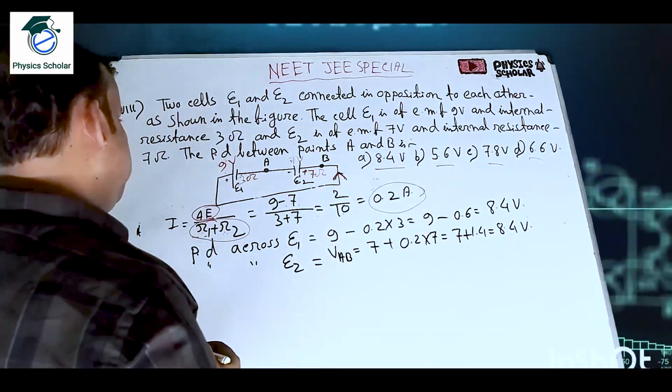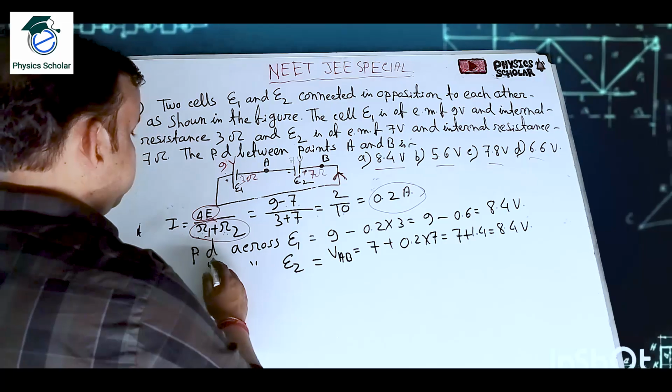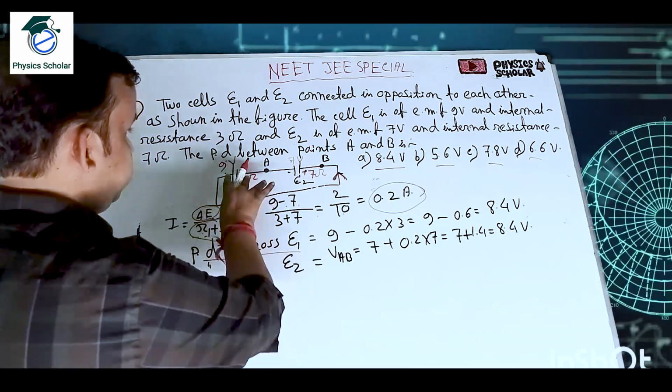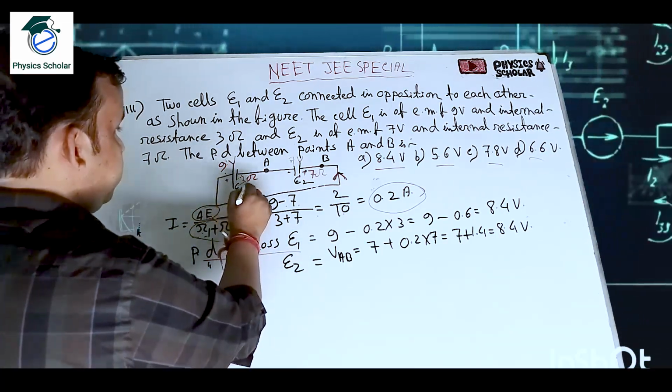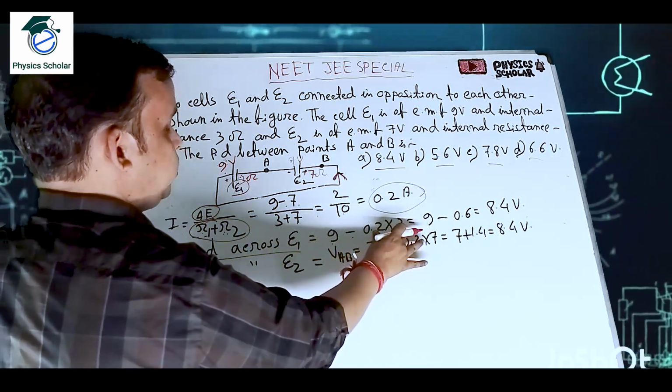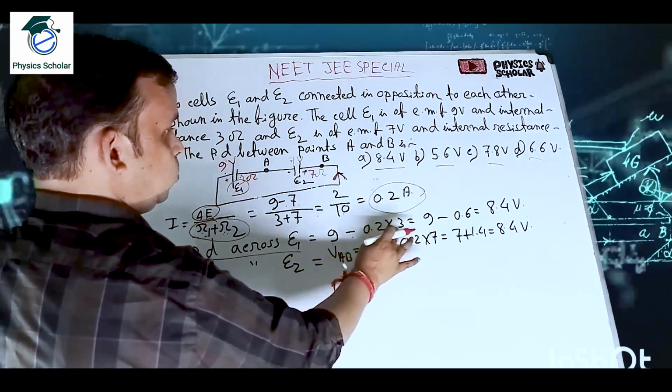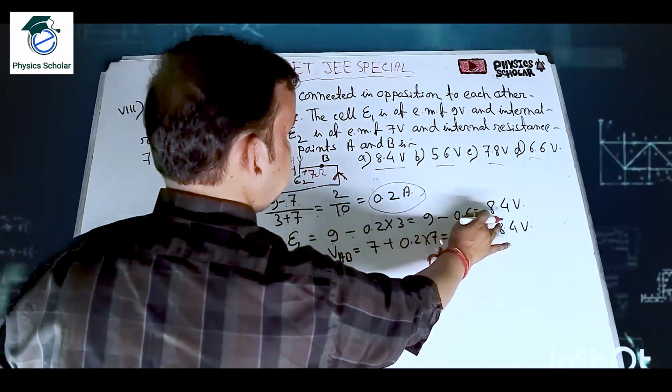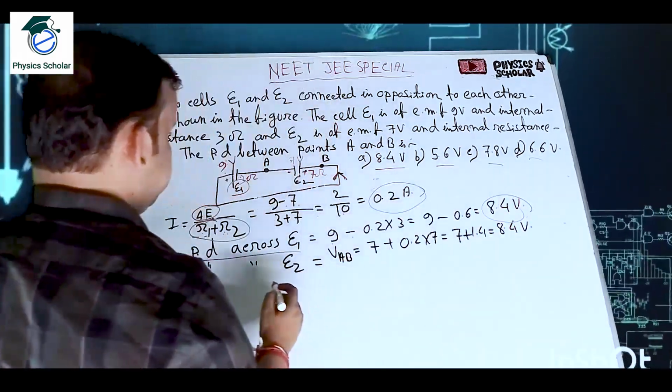Now the voltage across epsilon 1 is 9 minus the loss due to the internal resistance, so 3 into 0.2, that means 9 minus 0.6 is equal to 8.4 volt.